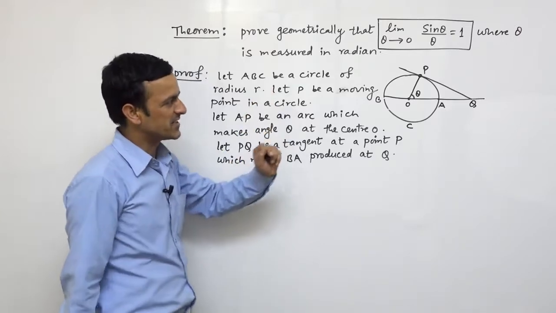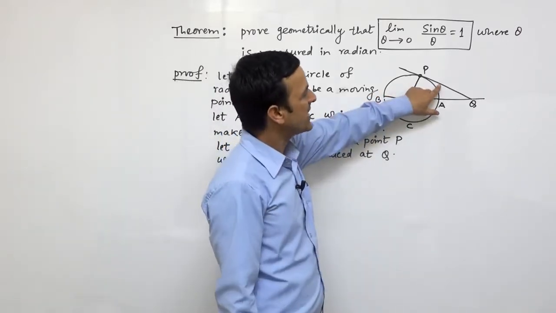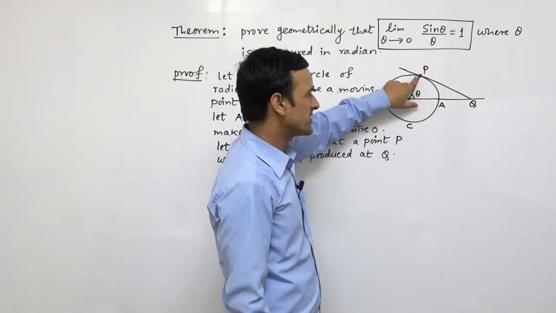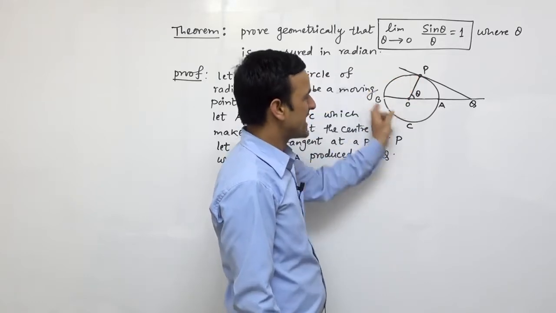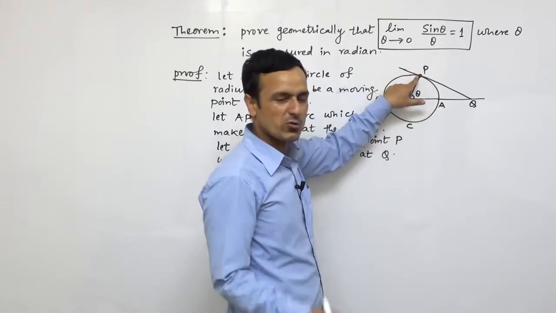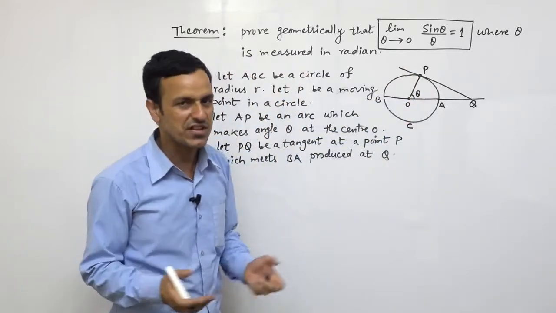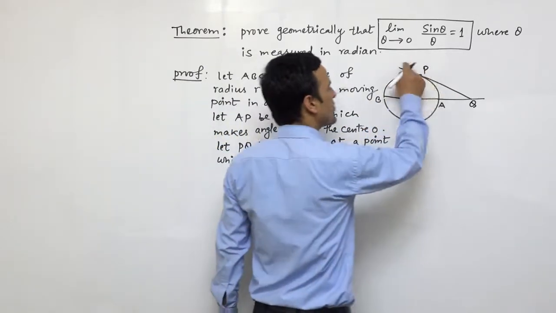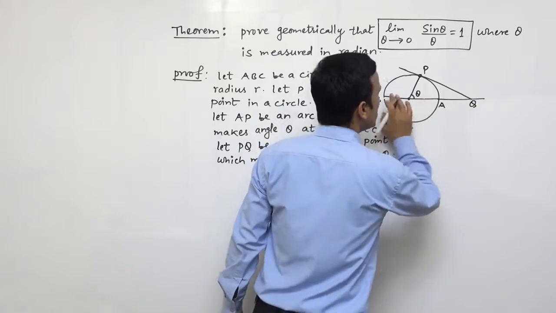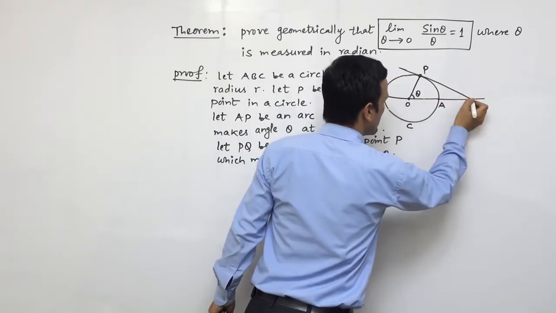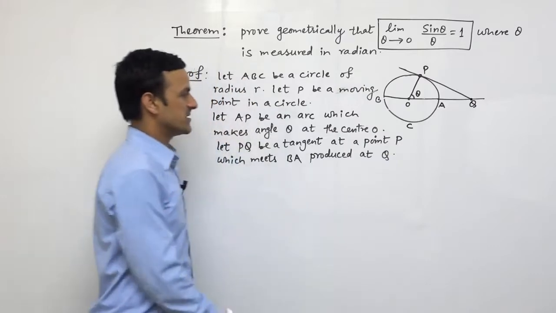So PQ is the tangent. Tangent means a line drawn at a point which lies on a circle. A line that just touches the circle at one point is a tangent. We draw such a tangent from point P, which meets BA produced at point Q.